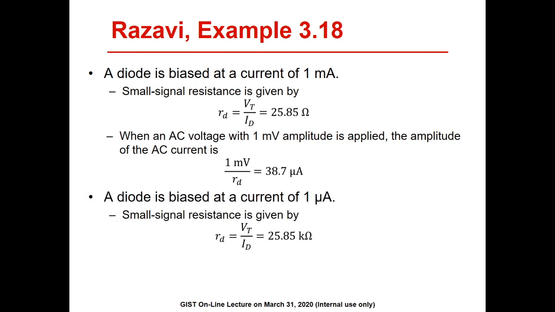When the DC current is reduced by a factor of 1000, the small signal resistance is increased 1000 times. In the next video, we will quickly move to the MOSFET, the main theme of our lecture.